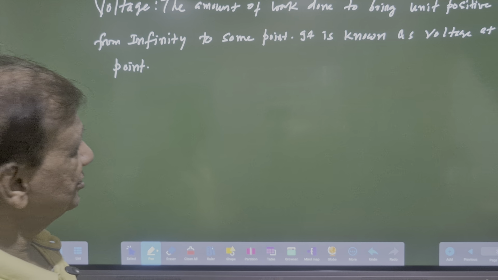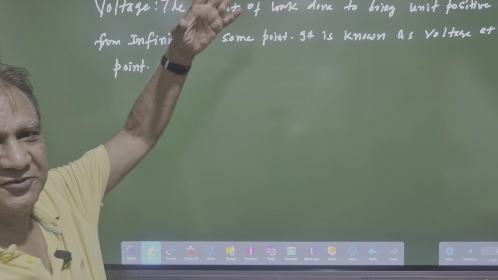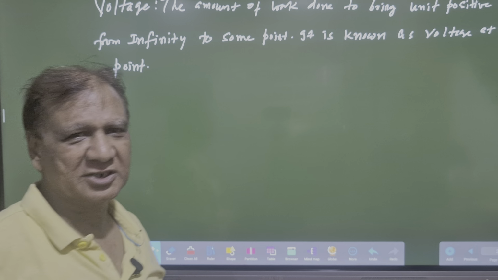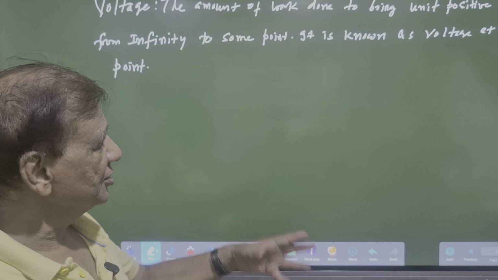So the amount of work done to bring unit positive charge from infinity, infinity means very far, far and far, to some point, is known as voltage at that point.